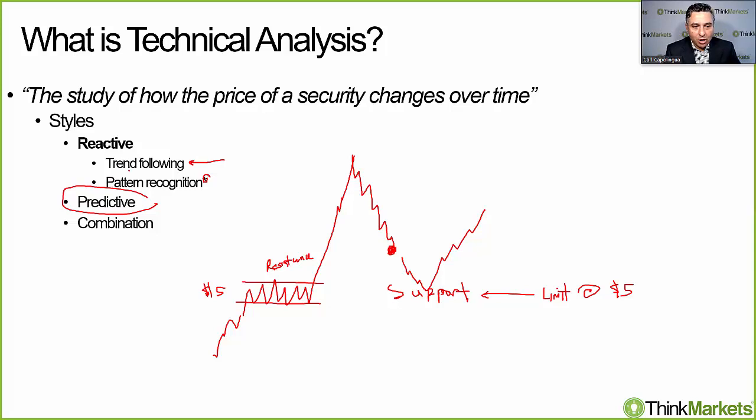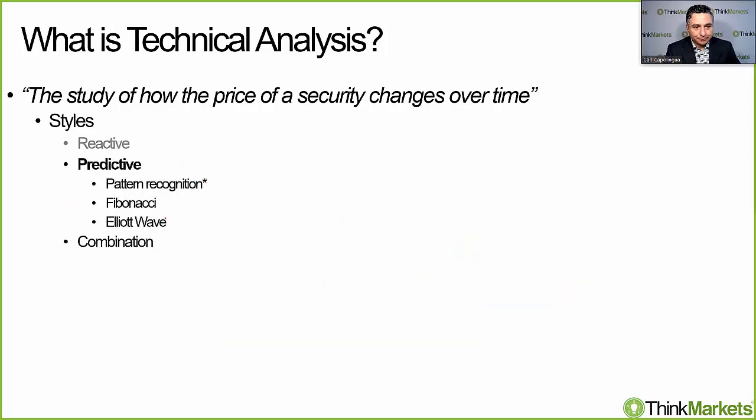A reactive trader using pattern recognition might say, okay, I'm going to wait until we get to here, and then I know that that's support, and then I can continue in this uptrend. So it's pretty subtle, but pattern recognition could be either reactive or predictive.